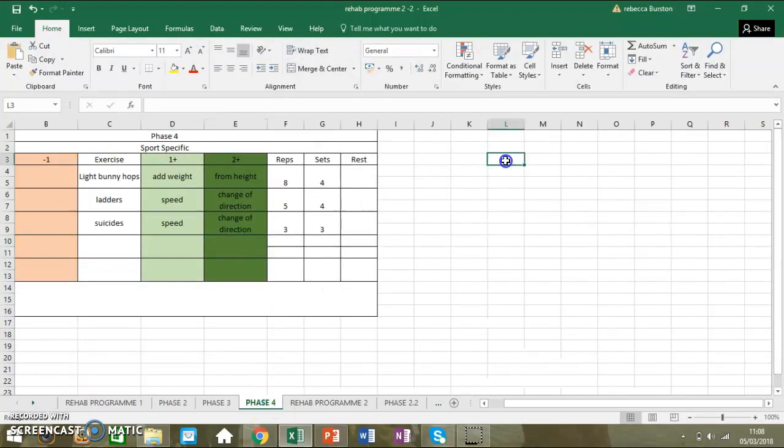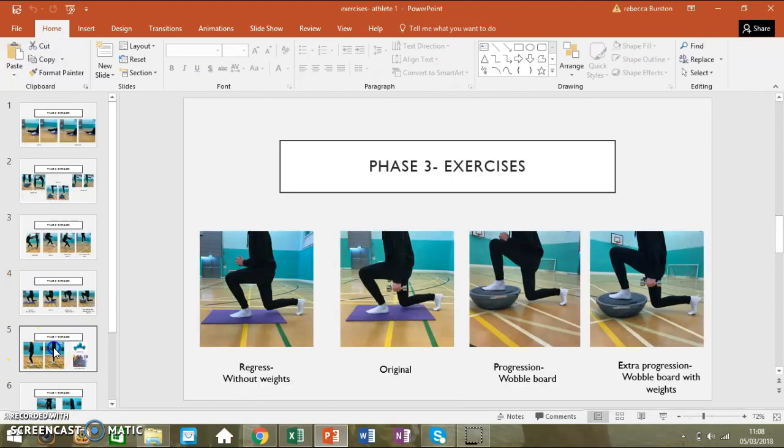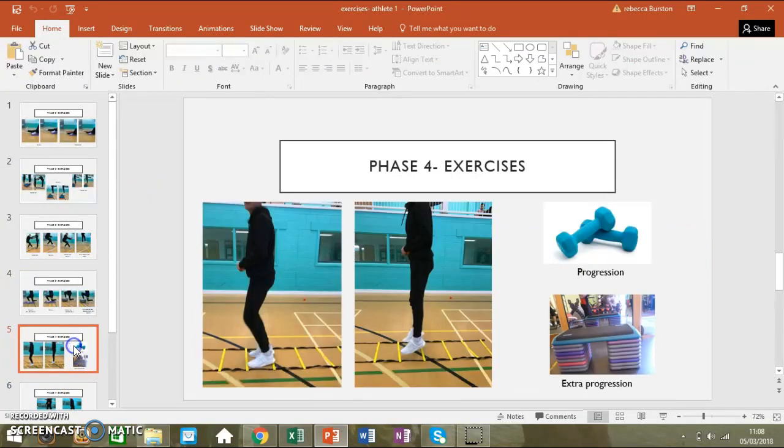So now phase 4, and this is the sport specific phase. So the first exercise is light bunny hops, and the athlete will be able to apply this to football, as he will be jumping for headers and jumping to gain possession of the ball. And the original, so going on to the PowerPoint again, the original will be just with the body weight of the athlete, as this is what he will be using in a match.